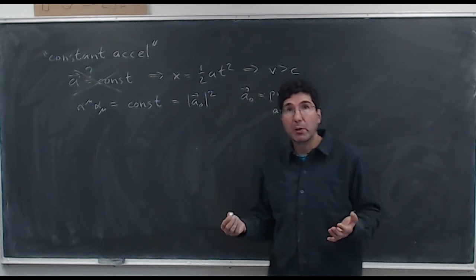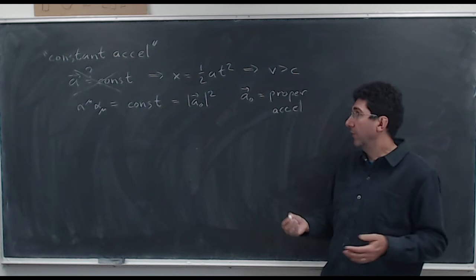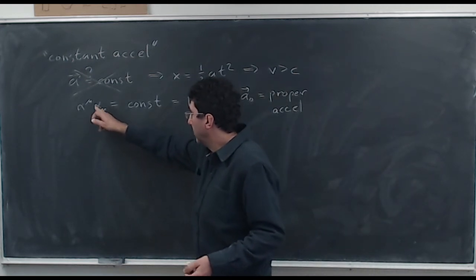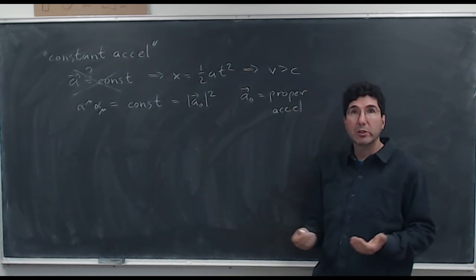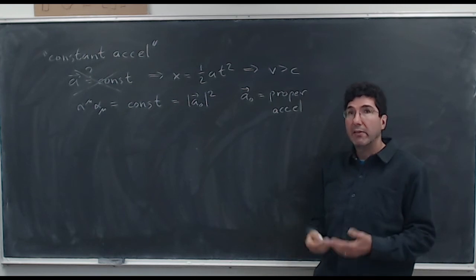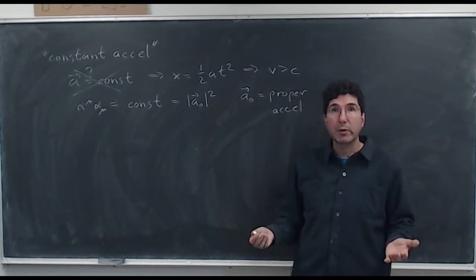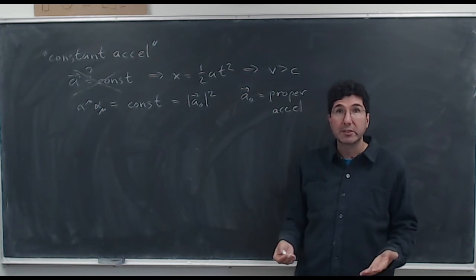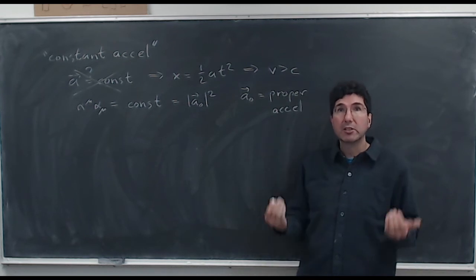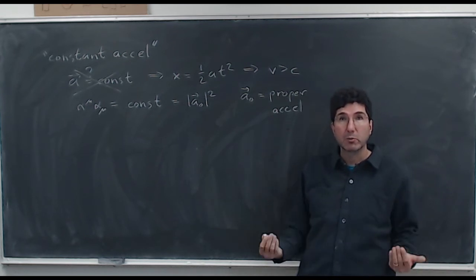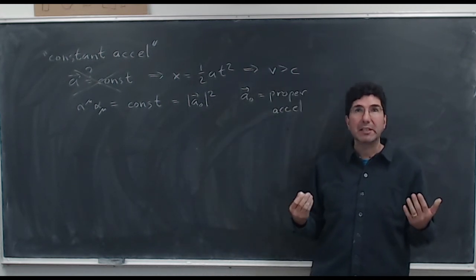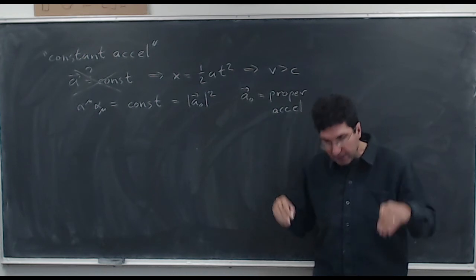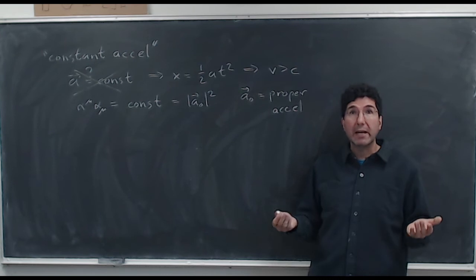So, for example, suppose that we were in a rocket ship, and the rocket ship was moving with alpha mu equal to a constant, this proper acceleration, and suppose that acceleration was 9.8 meters per second squared. Then, at every instant, we could talk about an inertial frame where at that instant we are at rest inside the rocket ship. But in that frame, the rocket ship is accelerating at 9.8 meters per second squared, say, upward. So we would feel a fake gravity of 9.8 meters per second squared downward, and that would be true at every moment in time.